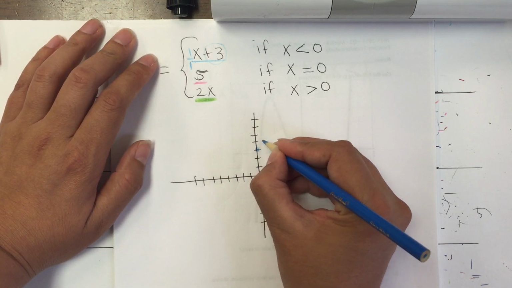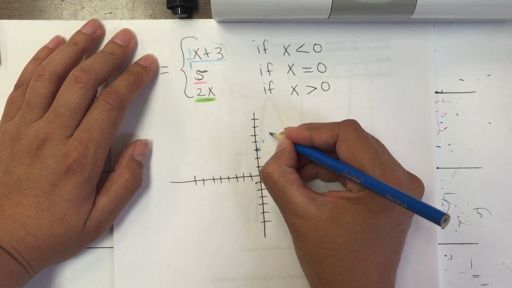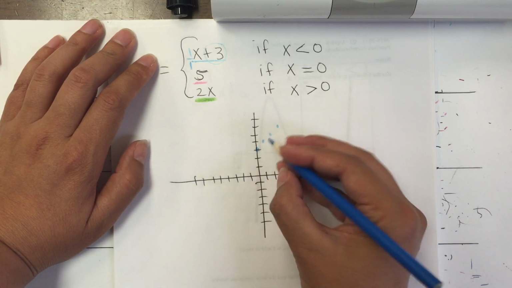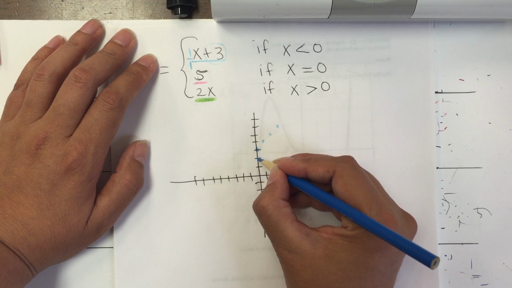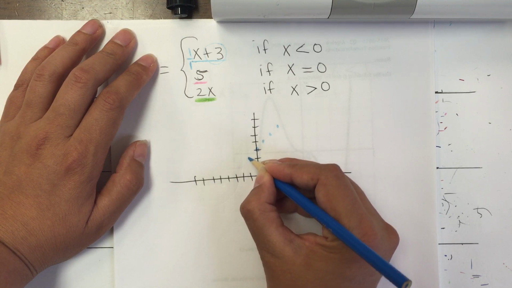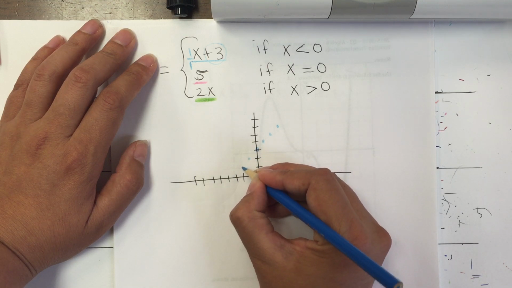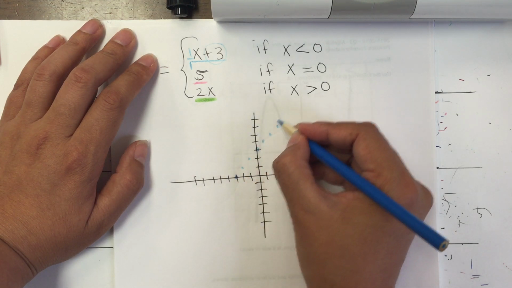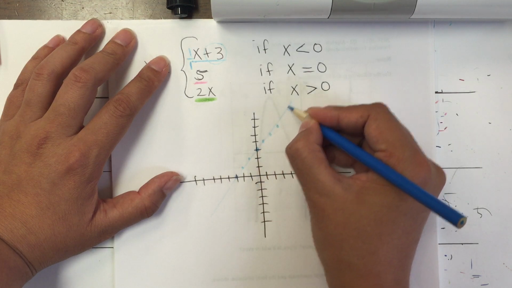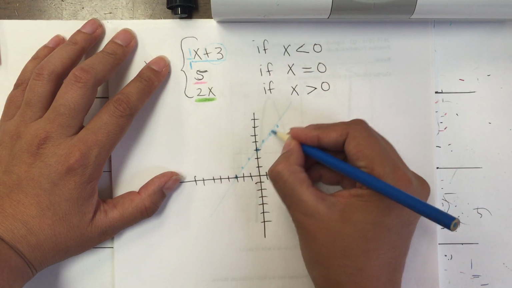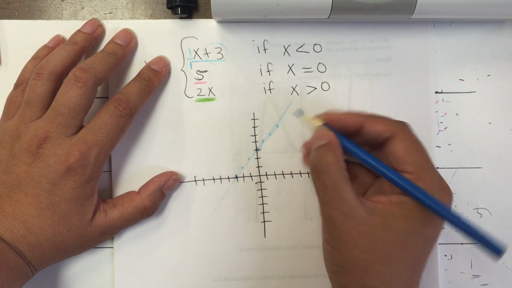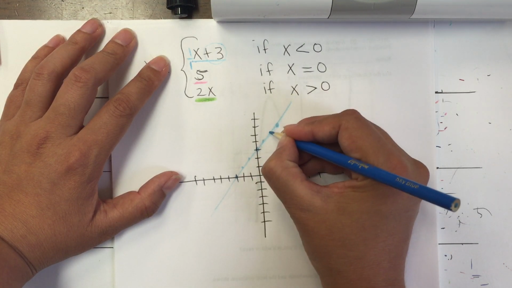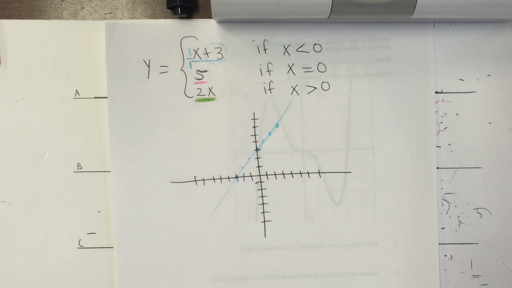And so 1 over 1, 1 over 1, 1 over 1. And if I go in the other direction, it's also -1, -1, that makes it +1, and so on. So my line, if I didn't have those limitations right there, this is my line. And as you can see, it's as perfect as always.